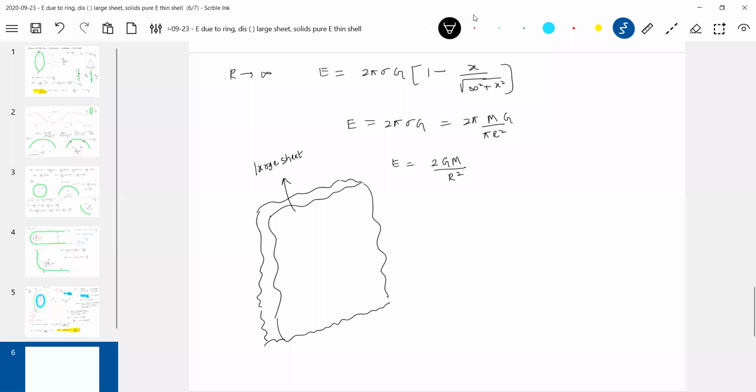Okay, this is a large sheet. So the field due to this is given by this formula. And what is sigma? Linear mass density. For a large sheet, we don't define mass, so I prefer this one. And how will the field be? The field will be directed towards the left here. So I can just show only the cross-sectional view. The field will be directed in this direction, and it will be uniform.